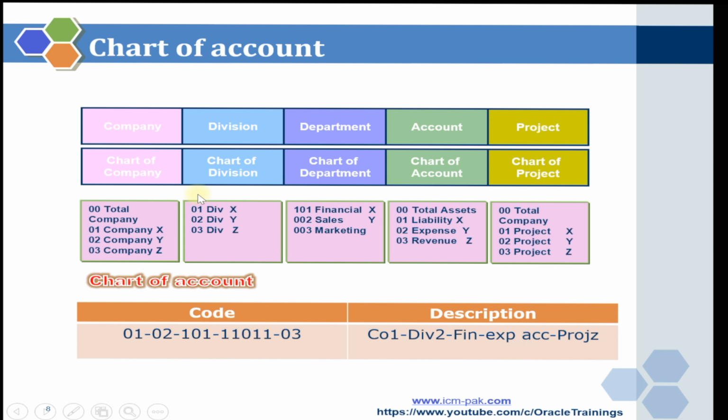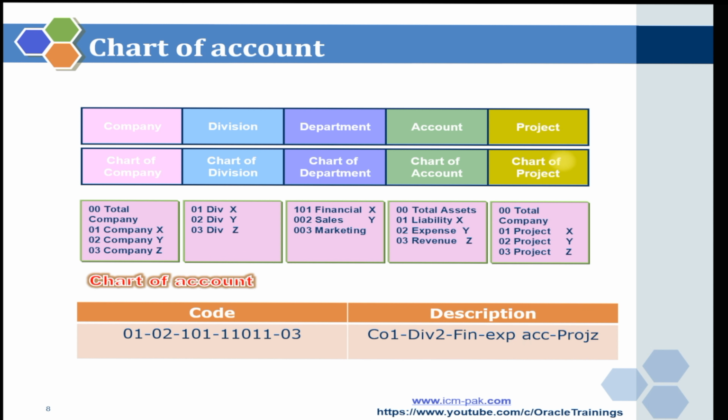Anyhow, chart of account may consist of more than one segment. There can be 1, 2, 3, 4, 5 segments. Some companies have one segment, some have 2, some have 5 or 6 or 7. Basically this segmentation is very helpful to build reports.